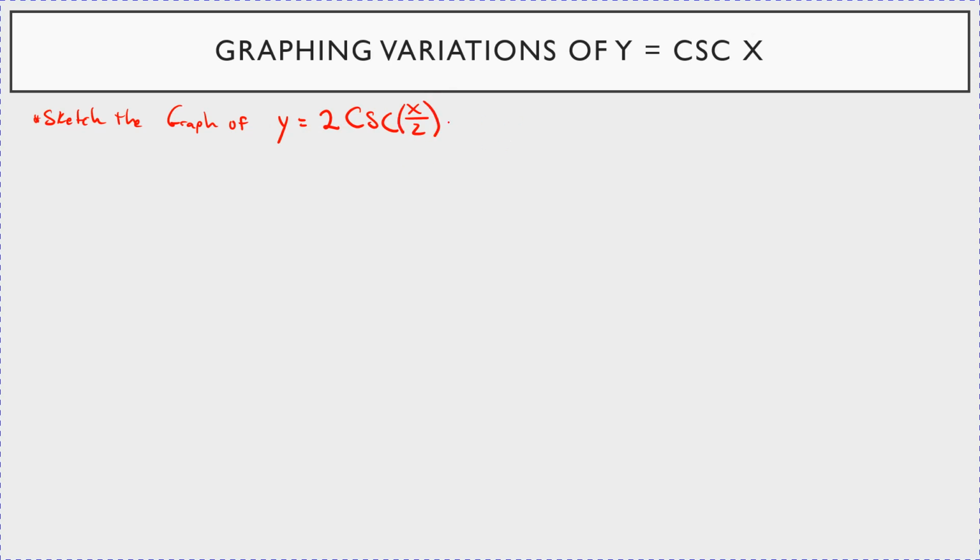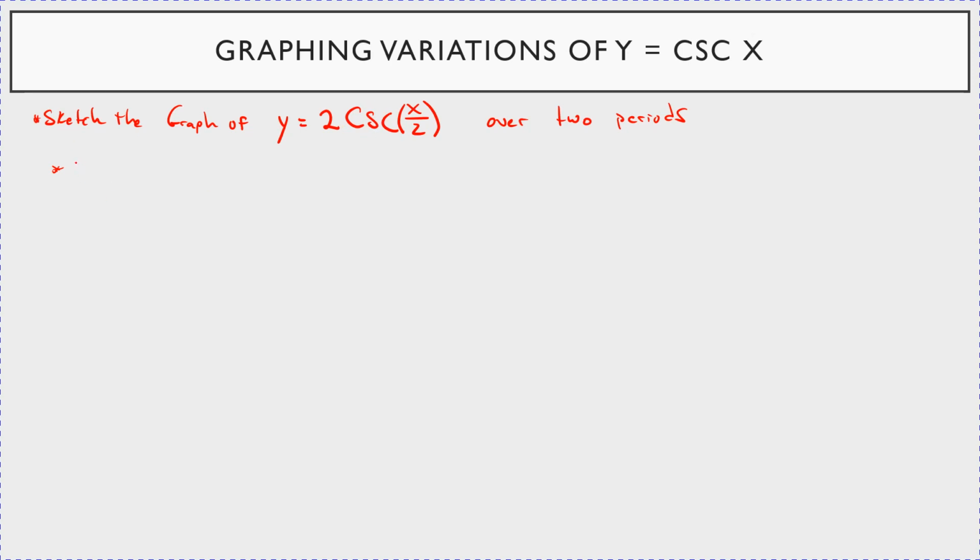Okay, and let's sketch the graph of this over 2 periods. So I want to sketch 2 periods of y is equal to 2 cosecant of x divided by 2. The way you do this is, what is the reciprocal here of cosecant? Well, that's sine.